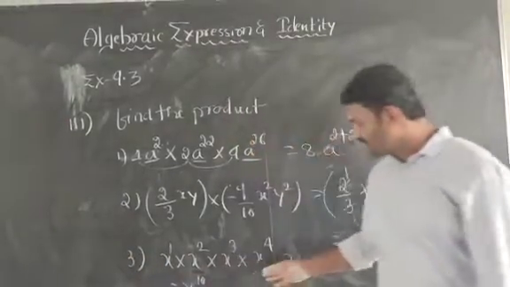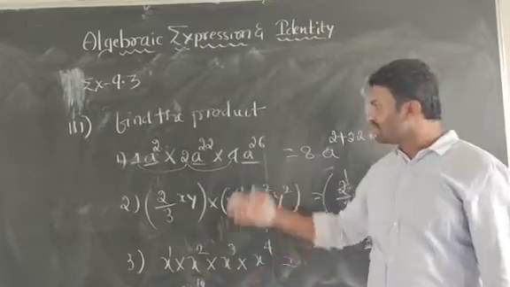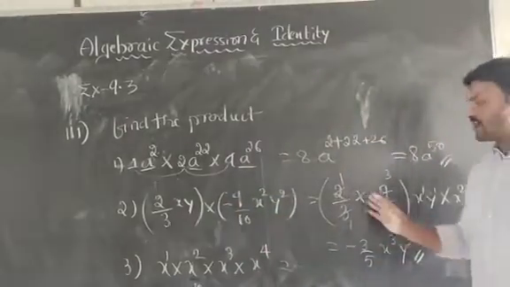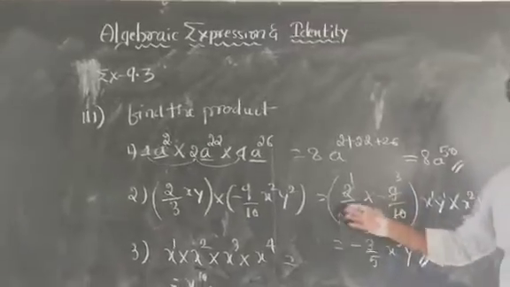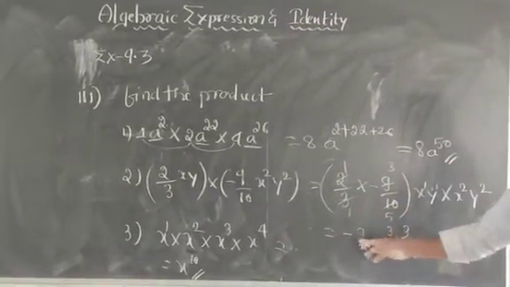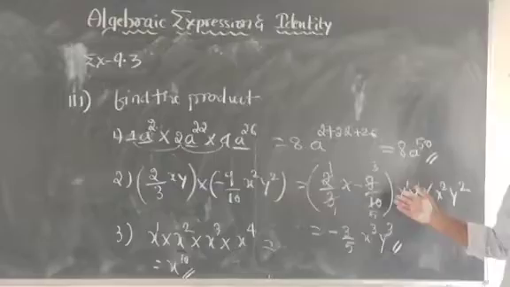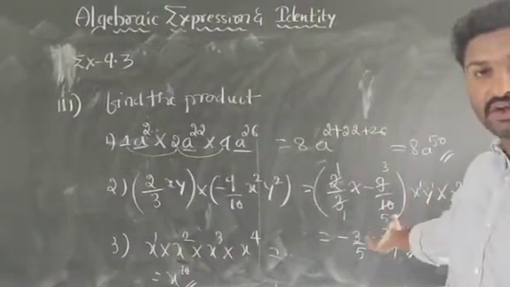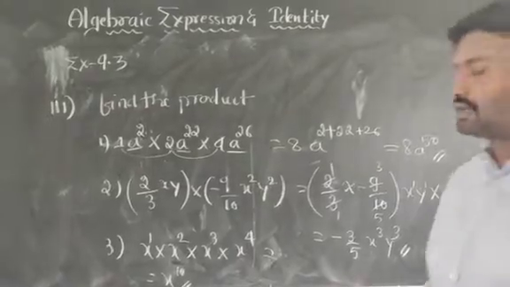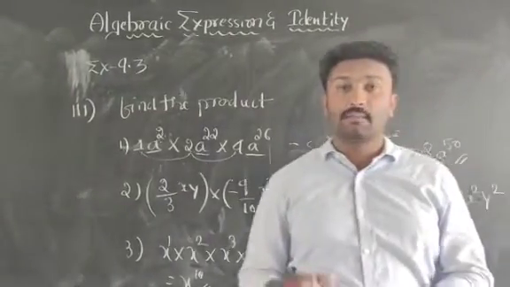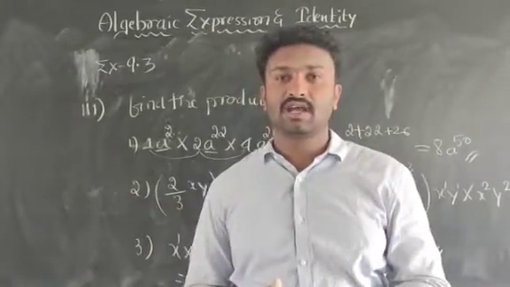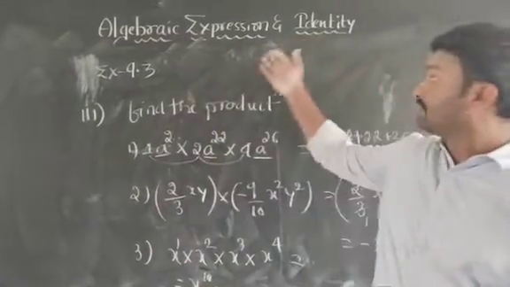Here I apply only the first law of exponent, here also and here also. First simplify the numerical factors. What remains? Minus 3 by 5. Okay, you stop here. Please copy the same.